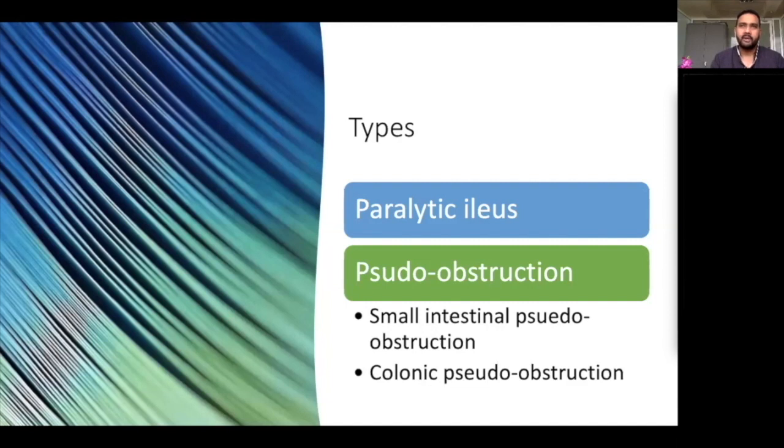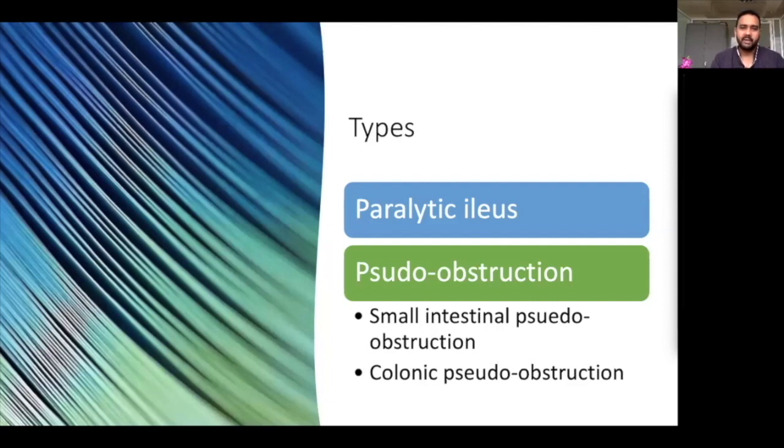Usually, whenever there's a problem with peristalsis in the small intestine, we call it a paralytic ileus. So adynamic obstruction, mostly in the small bowel, we call a paralytic ileus. That is why the word ileus is used, right? When peristalsis is affected in the colon, mainly the colon, then we call it a pseudo obstruction.